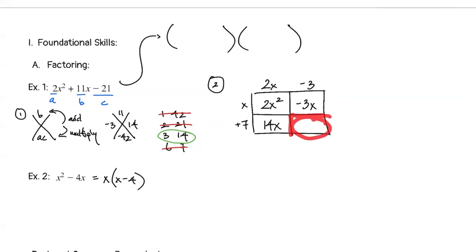So what's the area of this box down here? Yeah, -21, right? Is -21 the very last number we had here? And if it is, there's your self-check. That's how you know you factored it correctly. So we can write our factors now as 2x minus 3 and x plus 7. Okay.